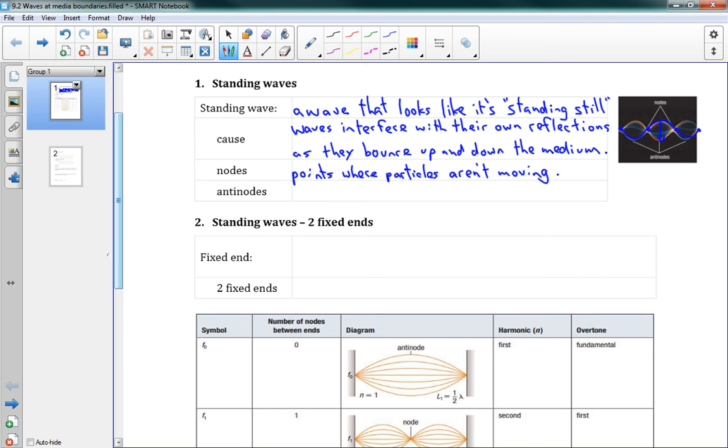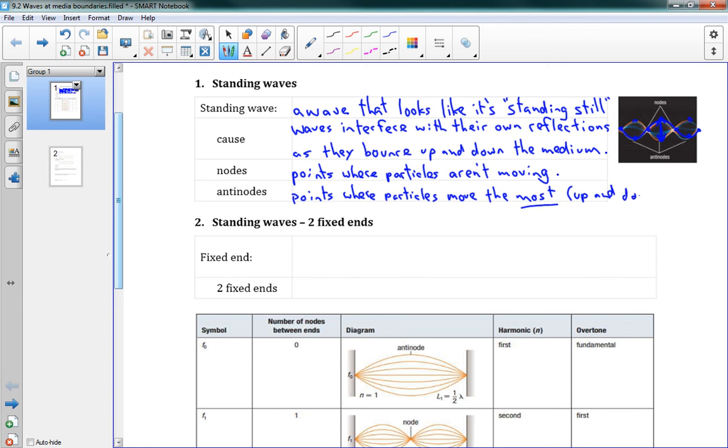And antinodes are the opposite. They're the maximum points or the minimum points. And this is where the string is really bouncing up and down the most. These are the maximum points. So they're points where the particles move the most, and I'll put in brackets here, up and down.